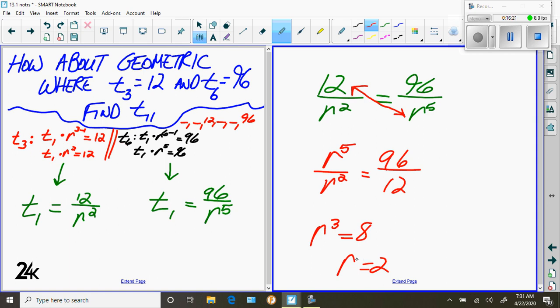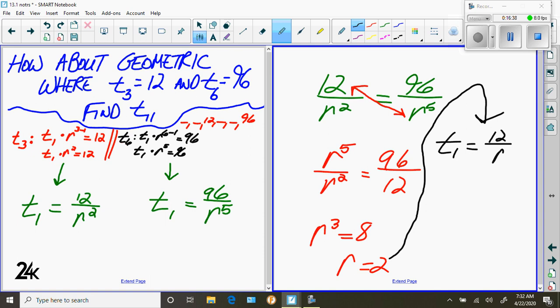So now that I know that the ratio is 2, I can plug it in. Let's do the first one. The first term is 12 over r squared. The first term is 12 over 4, because r squared is 2 squared. So that means the first term is 3.